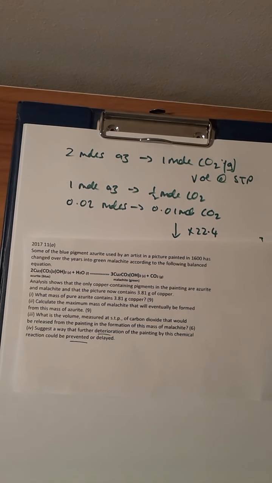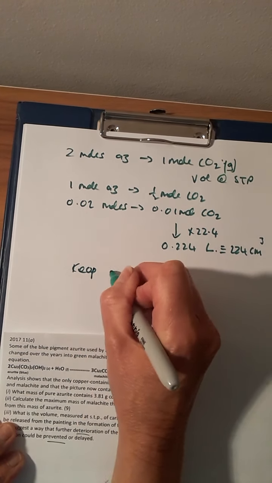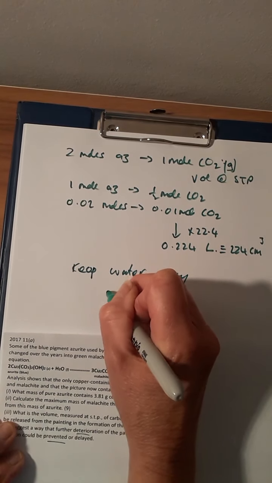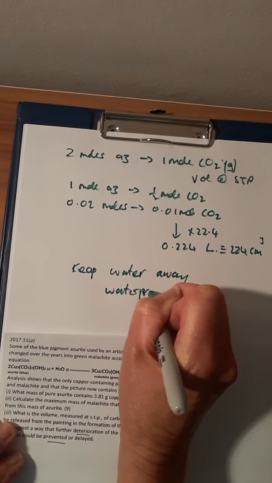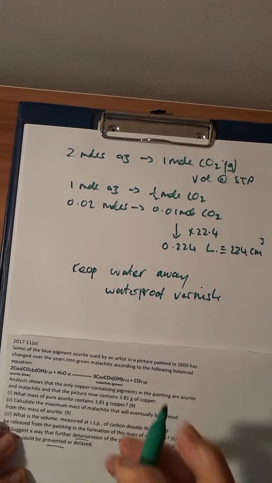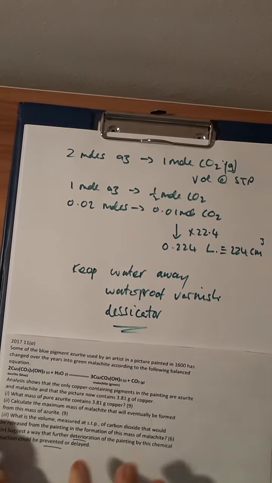Don't let water get to it. Cover it with a varnish, a waterproof varnish or something, but just keep water away. Suggestions that year were maybe cover it with a waterproof varnish, or just make sure you have a desiccator near it, something that's going to absorb water. Make sure water doesn't get to it.